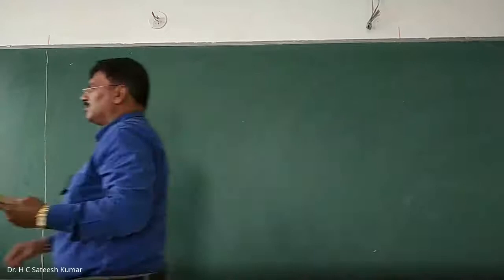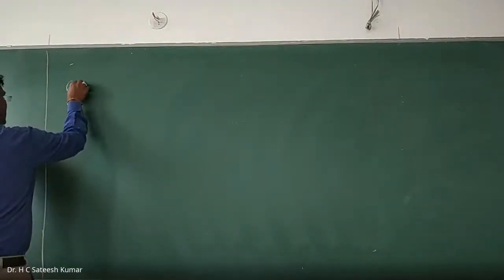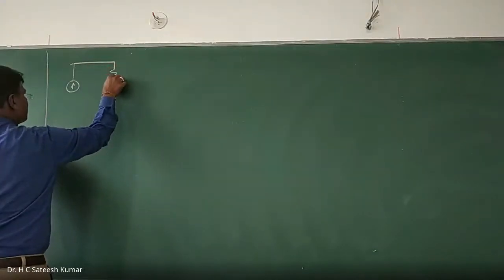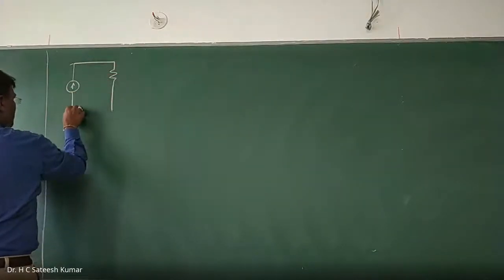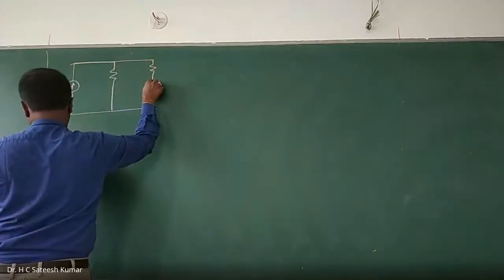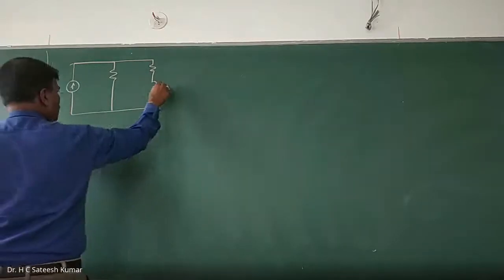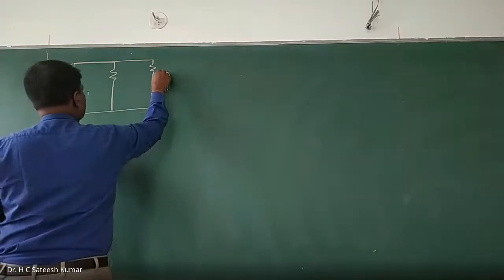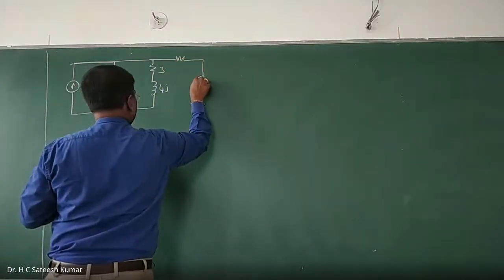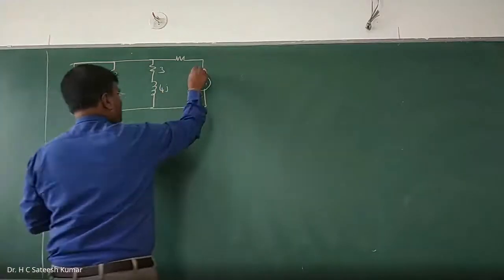Now the circuit diagram is given like this: a source like this, and we have a resistance with inductance, 4J, 3 ohms, and there is a source. An AC source is represented like this with plus and minus.